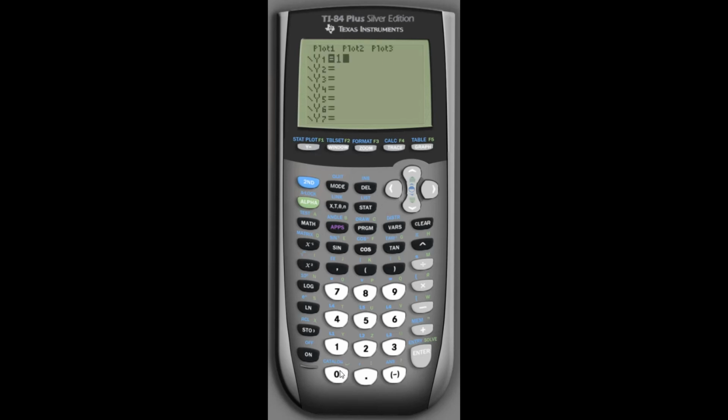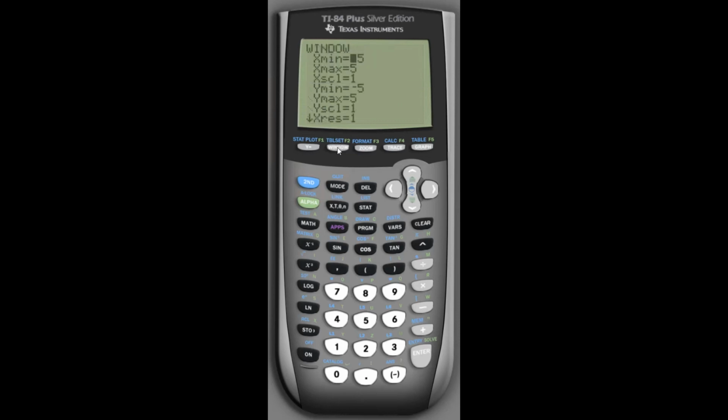So the function is 10 times sine of 0.4 times x squared, close parentheses, divided by, open parentheses, x squared minus x plus 3, close parentheses, and then we need to subtract 2 times x minus 1, close parentheses.